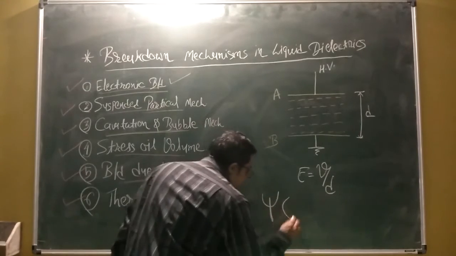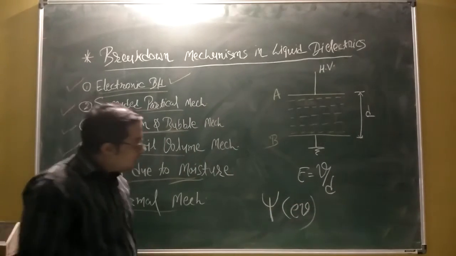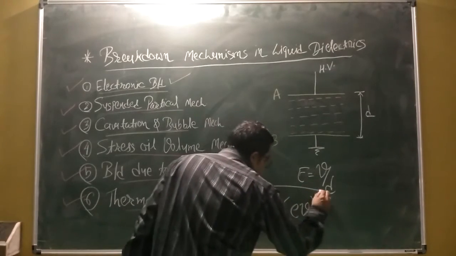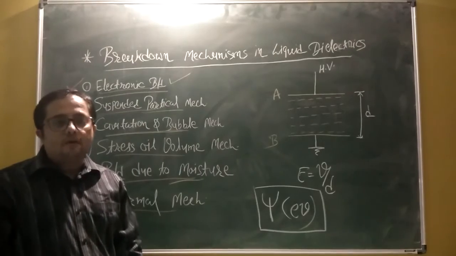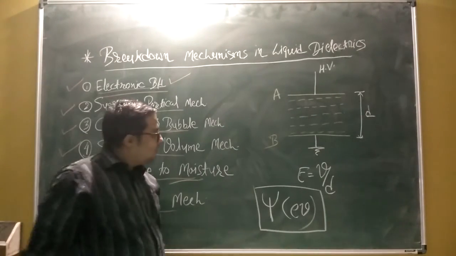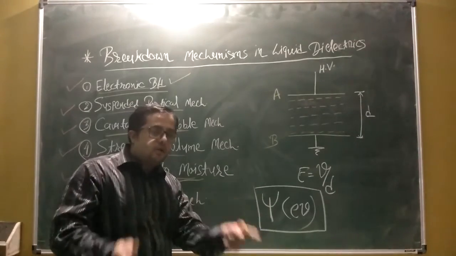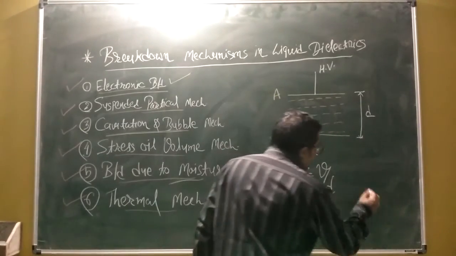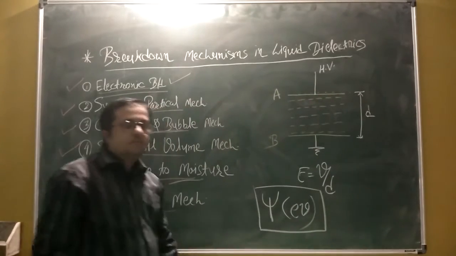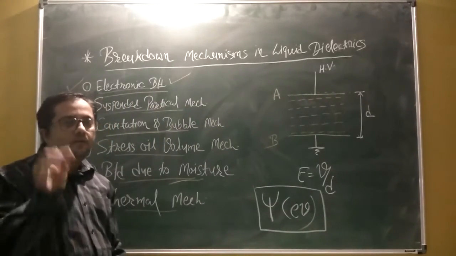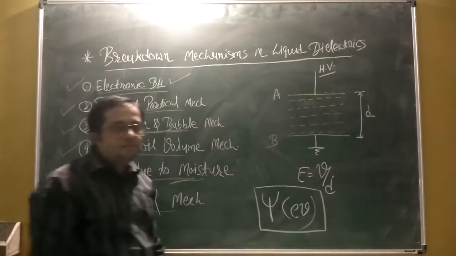The unit of work function is normally the electron volt. The significance of this work function is to prevent the injection or to dislodge the electron from its surface, and this will depend upon the magnitude of the applied voltage.